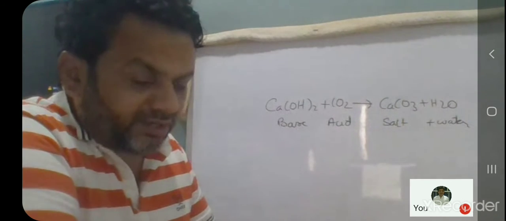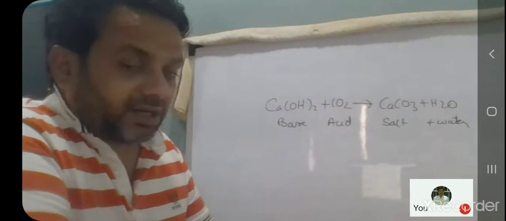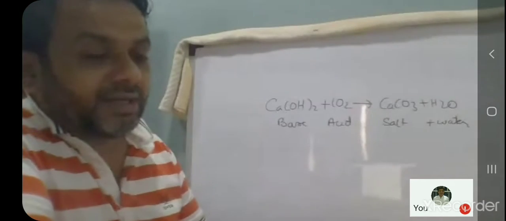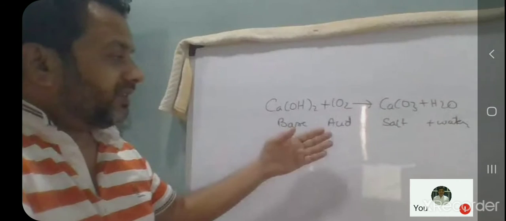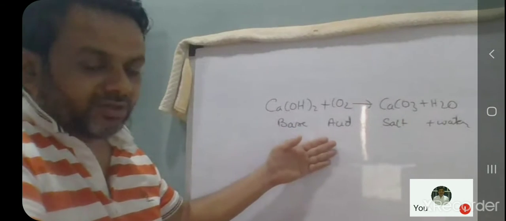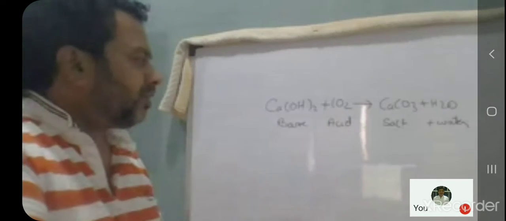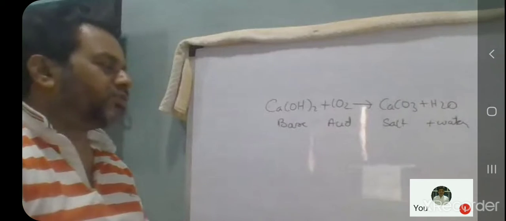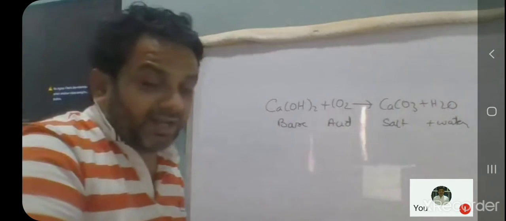Remember, if you are asked to show that non-metallic oxides are acidic in nature, this is the best example. Because here a non-metallic oxide, carbon dioxide, is reacting with a base to form salt and water. That's why this proves that non-metallic oxides are acidic in nature.